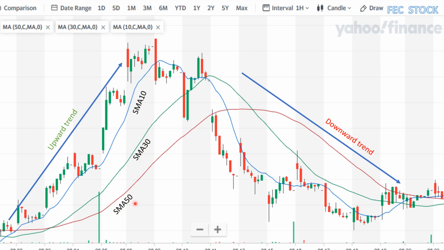And finally, SMA 50, indicated by red color, is considered the slow moving average, which is much farther from the price. So anytime the SMA 10 fast moving average is above SMA 30 and both of them are above SMA 50, then the trend is upward.